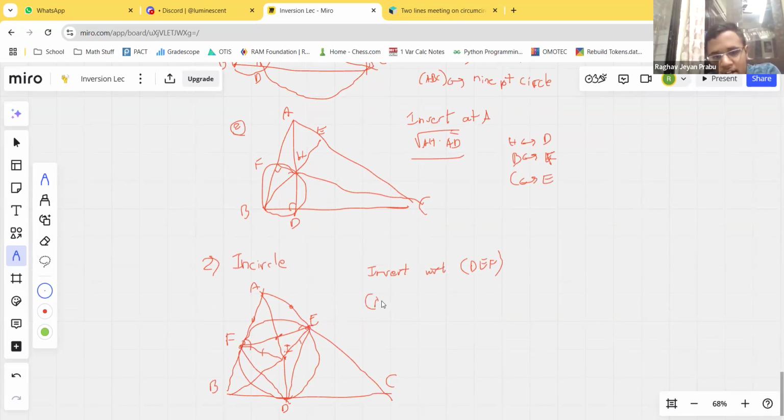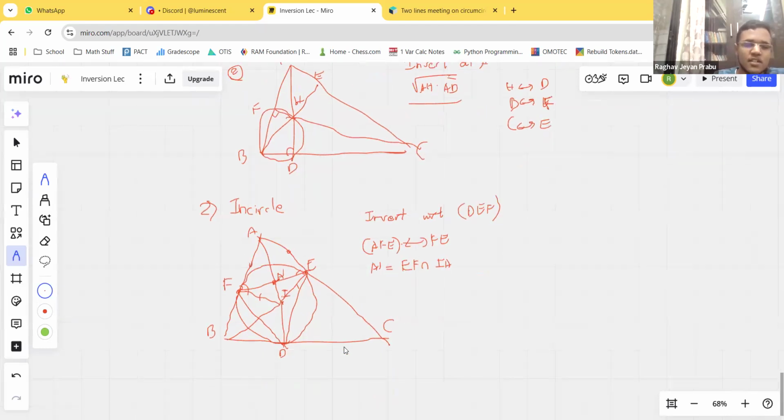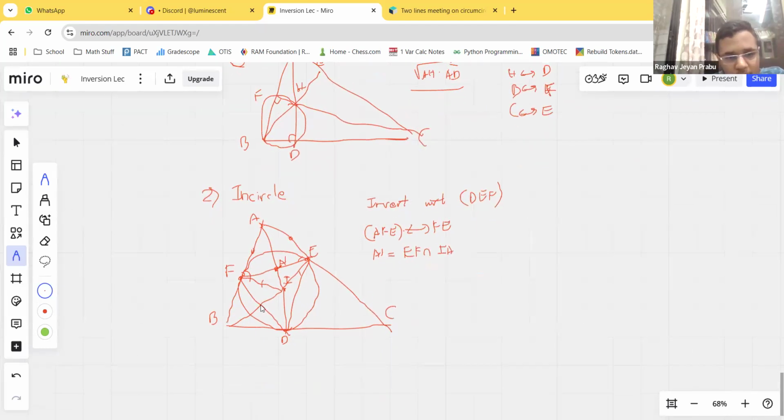So essentially you get that AFIE maps to line FE, which means that A dash, since A lies on AI, A dash is EF intersection AI. And as someone pointed out before, this is just the perpendicular bisector, which implies that A dash is actually the midpoint of FE. So B dash will map to the midpoint of FD and C dash will map to the midpoint of DE.